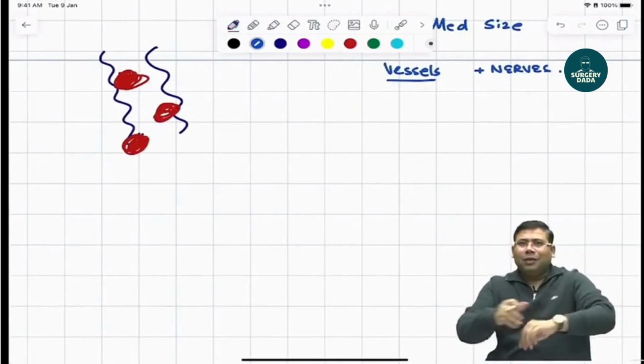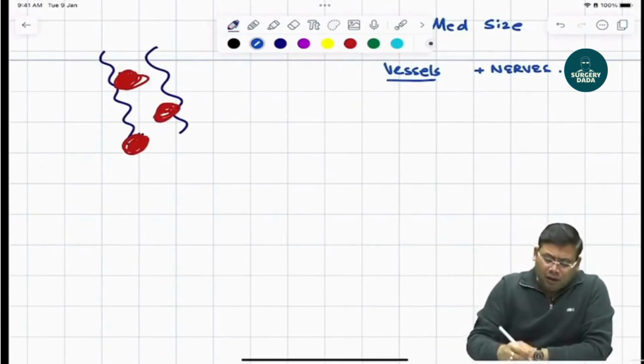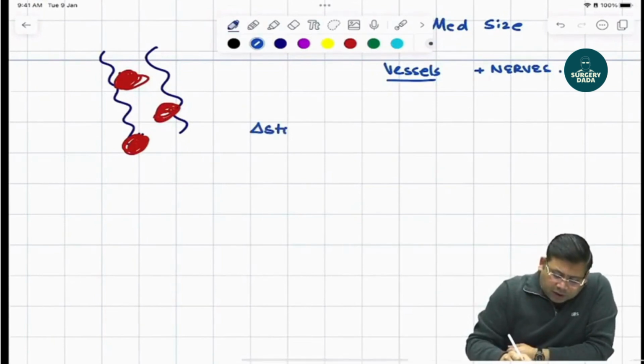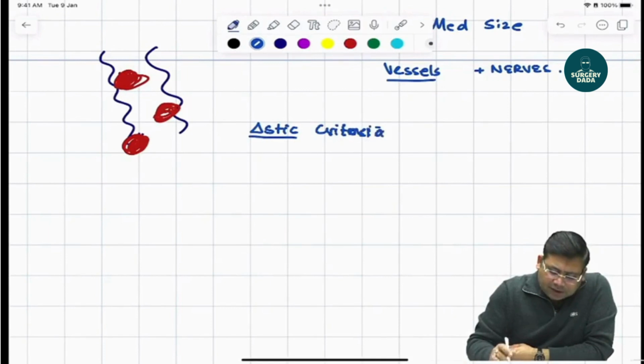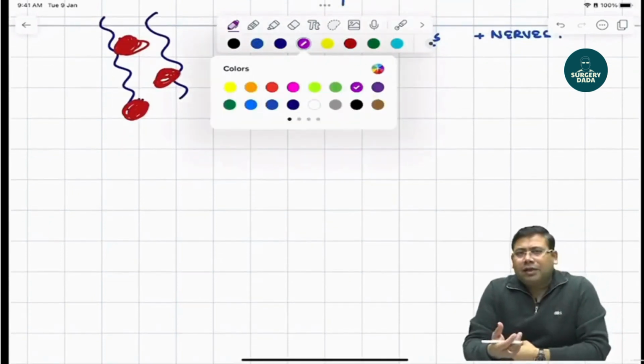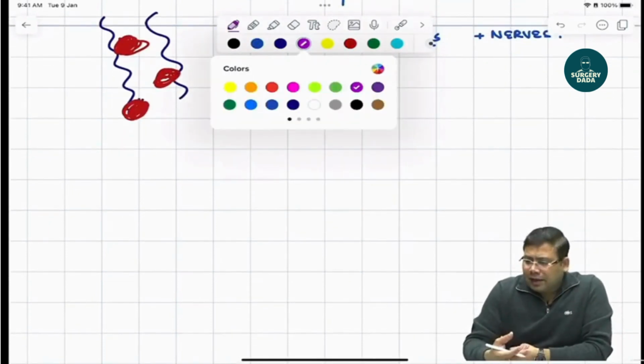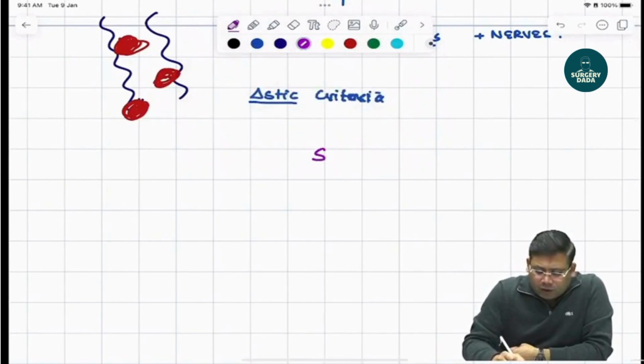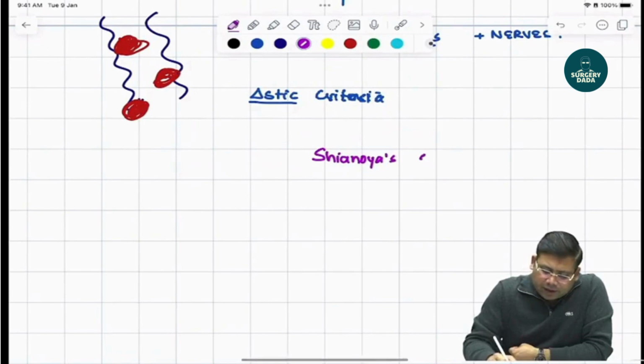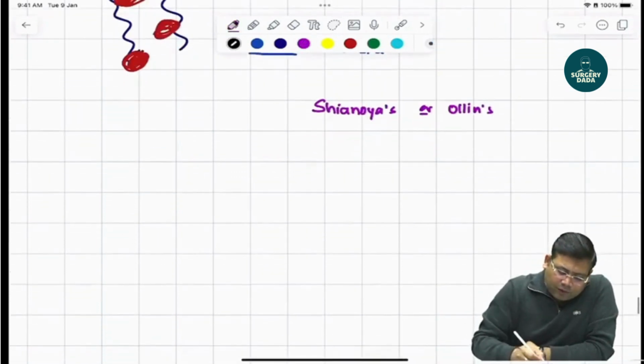So what is the diagnostic criteria? It's not possible to teach everything, but still, what is the diagnostic criteria for a patient of Buerger disease? Let us understand. We have two criteria: the Shionoya criteria and the Olin criteria. I'll just discuss some important features.